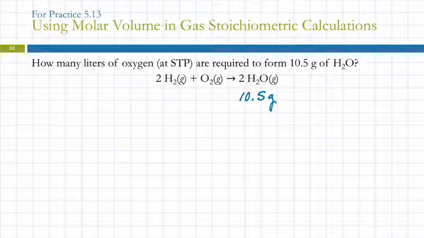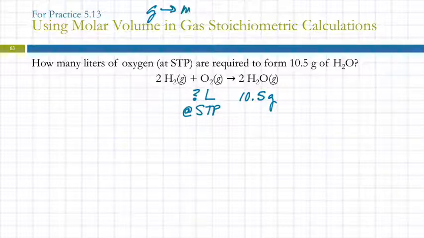And the question is, how many liters of oxygen, question mark, liters at STP? Because it says at STP, I can use 22.4 liters per mole. Otherwise, you can't. So, grams to moles to moles to grams. That's a great starting point for any of these.